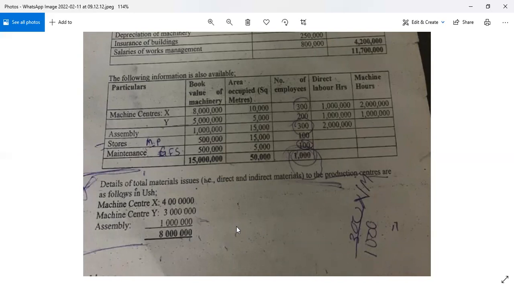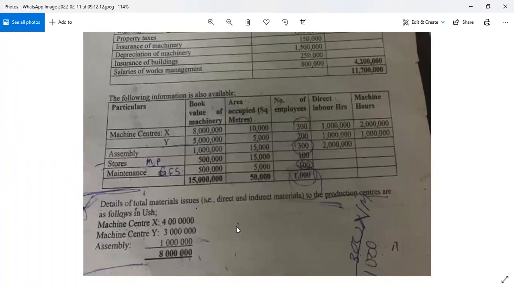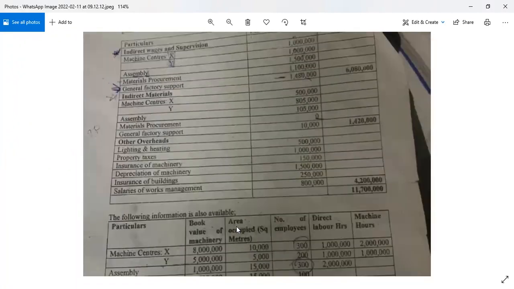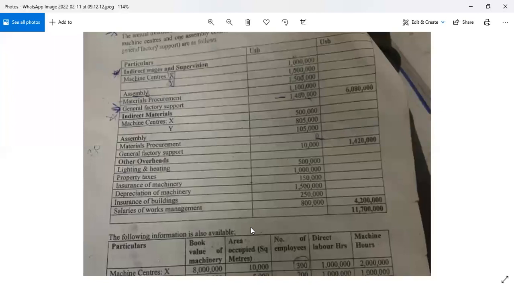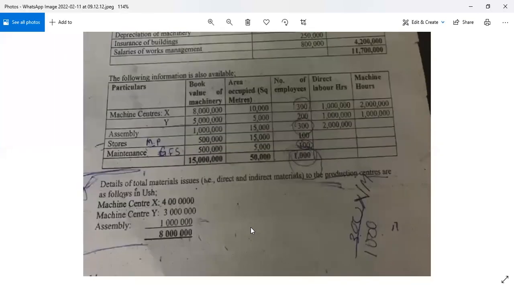They're saying that to the production centers, they were as follows: 4 million, 3 million, 1 million. Let me first see how that relates. This is 8M, and we had indirect materials somewhere. Yes, indirect material. We had it here, so some was already given away. So we're given an extra amount of 8M, which is supposed to clearly identify where it falls.